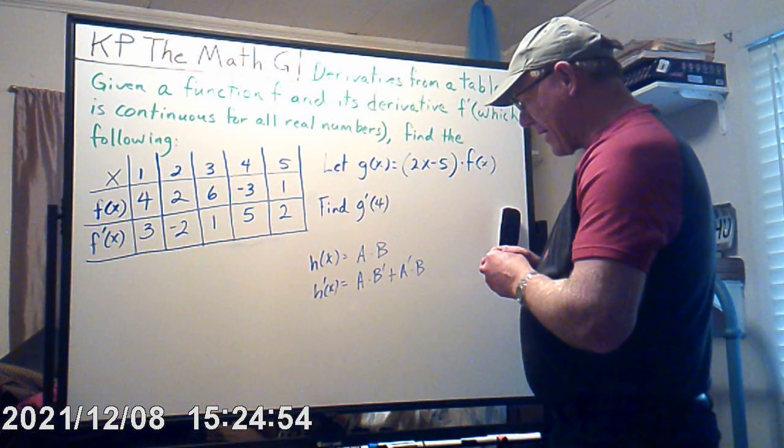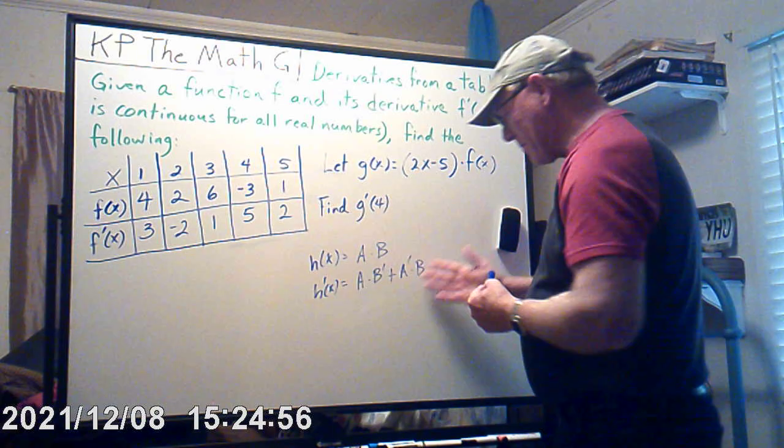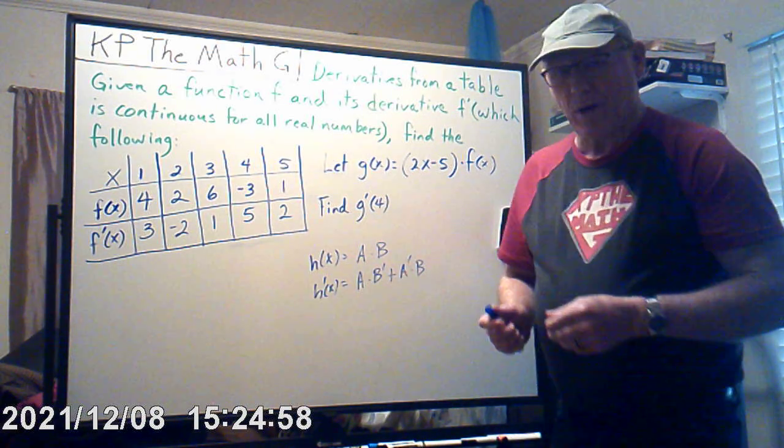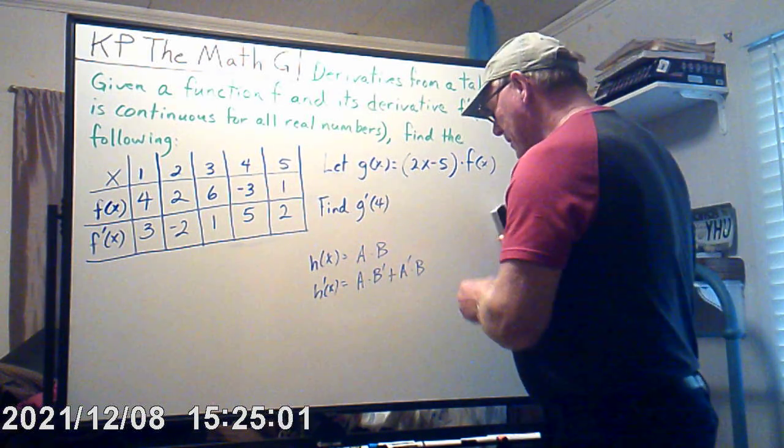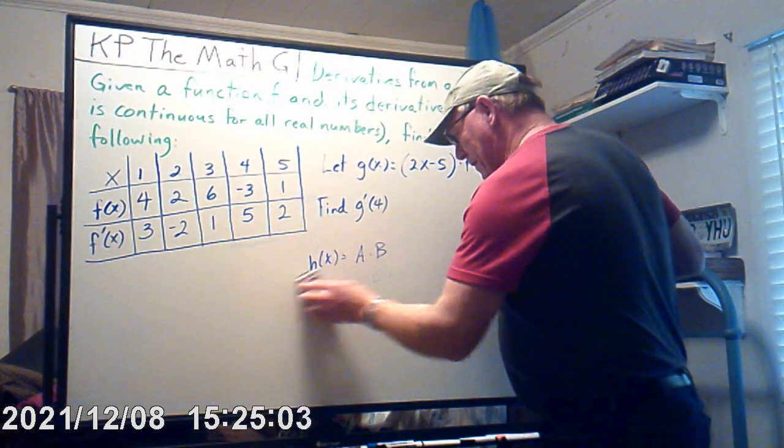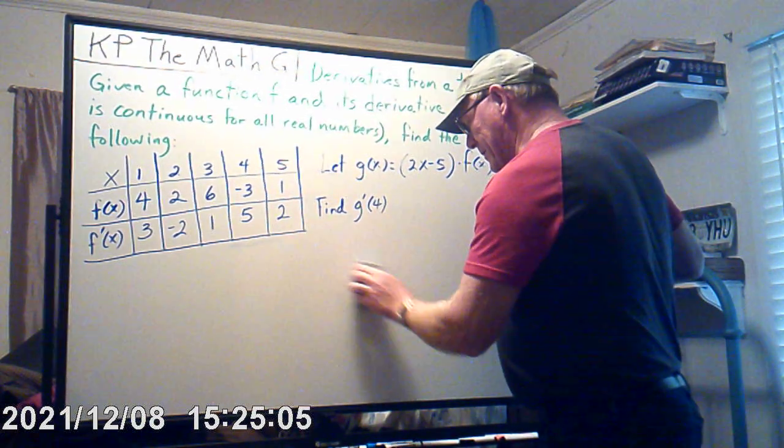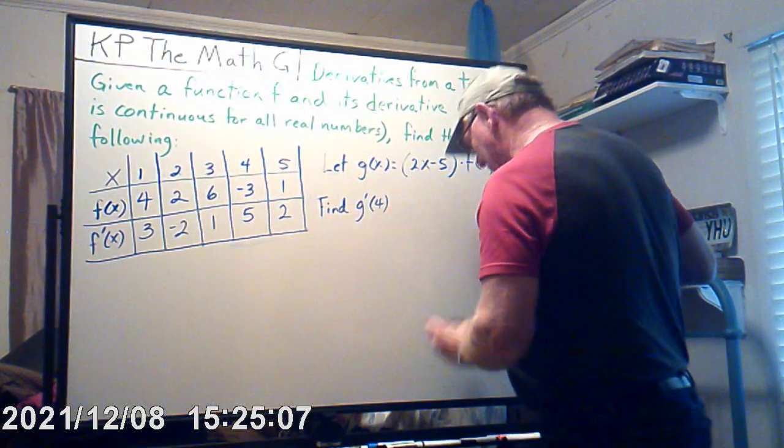So that is how we do that. It's the product rule. Let me erase this and let's find out what g prime at x is.